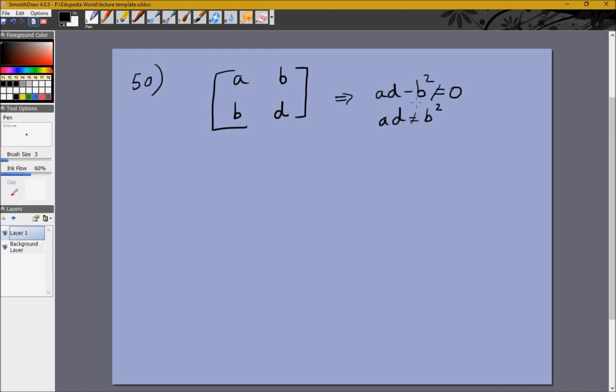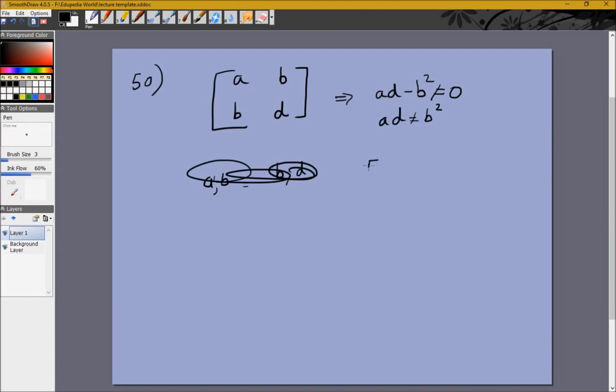And what they are saying is the first column of M is the transpose of the second row of M. The first column of M is A comma B, and it is the transpose of the second row of M. The second row of M is B comma D. I'll just write it properly, that would be clearer.